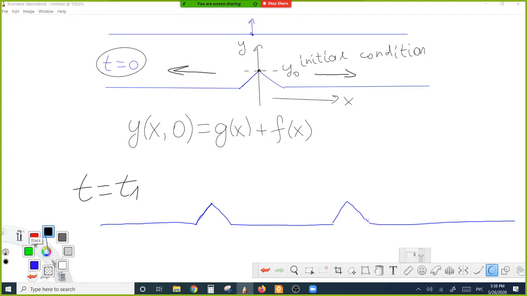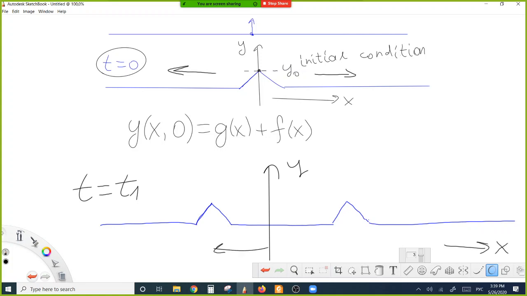So, okay, this is the y-axis. This is the x-axis, and this distance and this distance, ideally both are equal.